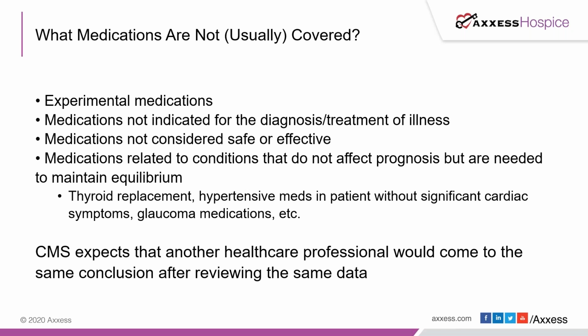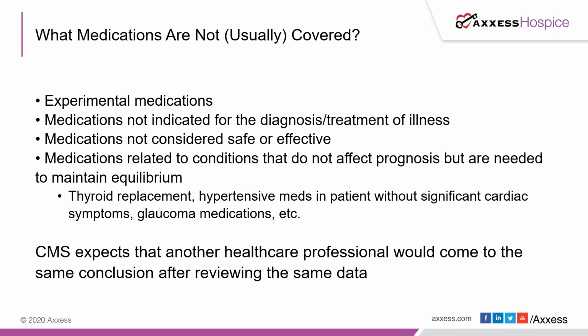And then the documenting of those diagnoses that go along with that, your hypothyroid, your glaucoma, is very important, to not say again, not related, but to say hypothyroidism is not physiologically related to the patient's lung cancer and not contributing to their 6-month prognosis. Would be a way to document that the OIG would accept. Your glaucoma medications, you could document in the same way. Glaucoma is not physiologically related to the patient's Alzheimer's disease and does not contribute to their 6-month prognosis.